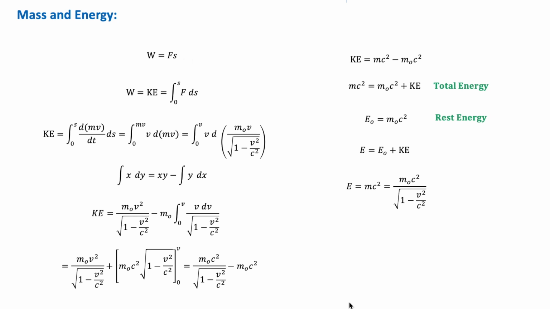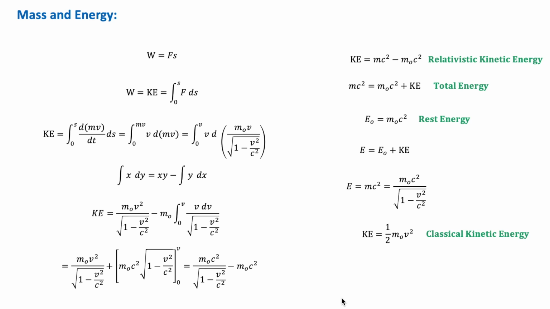And if no other forces act on the object and the object starts from rest, then all of the work done on the object becomes kinetic energy, okay? And so W is equal to kinetic energy equal to Fs. And in the general case, when F is not constant, we can write it as the integration from 0 to s of F ds.